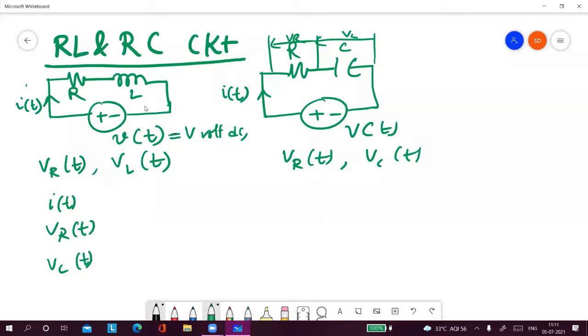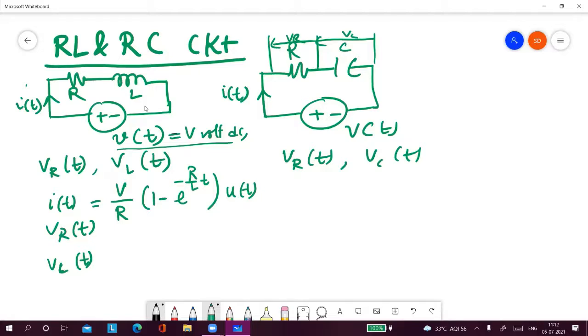You are already familiar with all these things. What will be the expression if we excite a series RL circuit by a DC voltage source? What was the current? We know it is V by R times (1 minus e to the power minus R by L t). I think you know this.